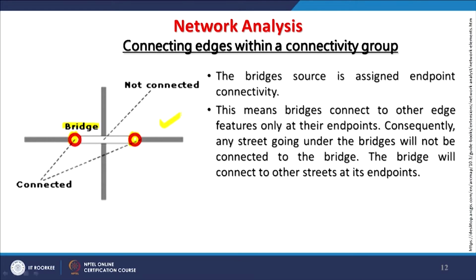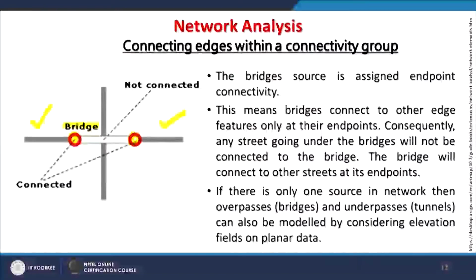So, there is one edge feature here, another edge feature here, and consequently any street going under the bridge will not be connected to the bridge, and the bridge will connect to other streets only at its endpoint. So, then the network is incomplete, and if that kind of error is there, obviously any kind of modeling or management will not be possible. So, development of an accurate network database is of prime importance in network analysis.